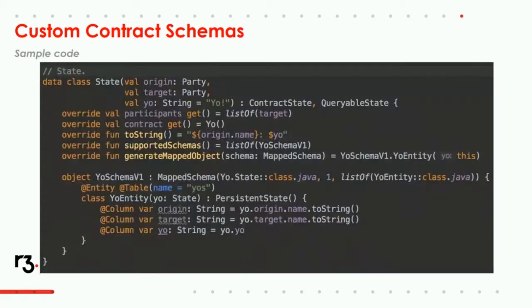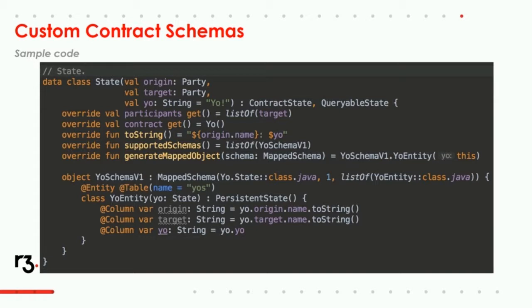So just to snip it again, this is going back to the Yo application. That's the Yo state. That's the object state, which is just the origin, target, and the message Yo. Then you can see that it implements the queryable state. The queryable state method supported schemas returns Yo schema v1, which is a single schema.